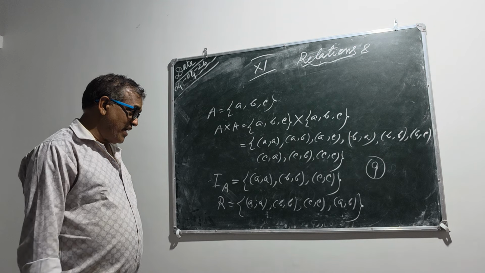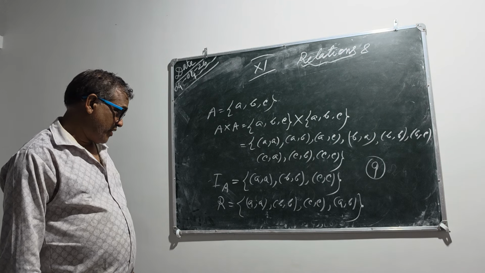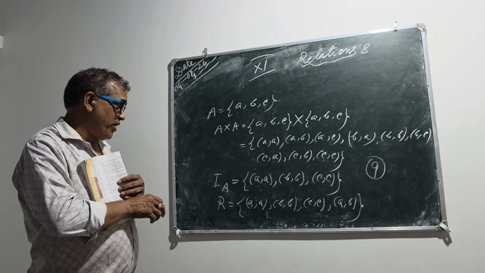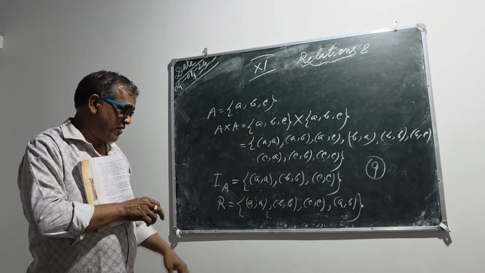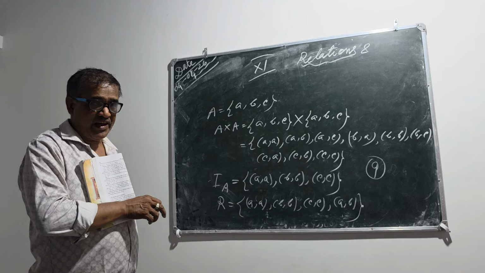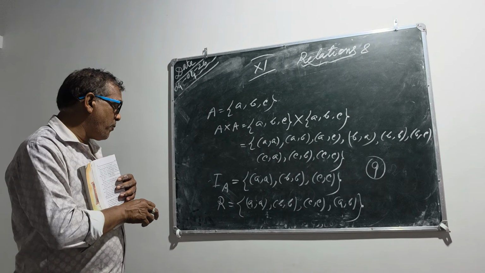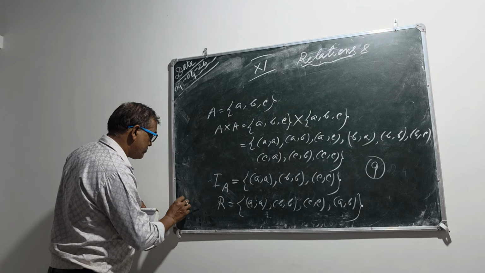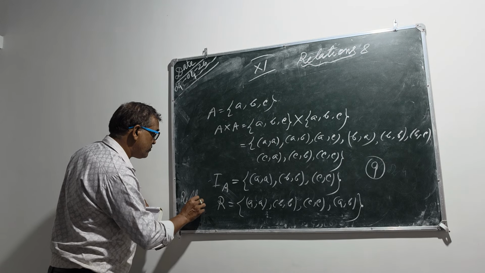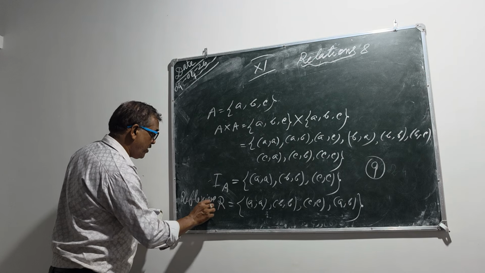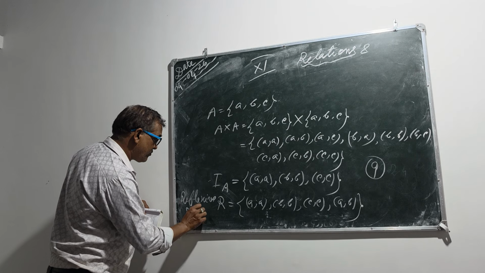So including all the identity elements, along with that, if we include any ordered pair, then definitely it will be reflexive. This is called a reflexive relation.